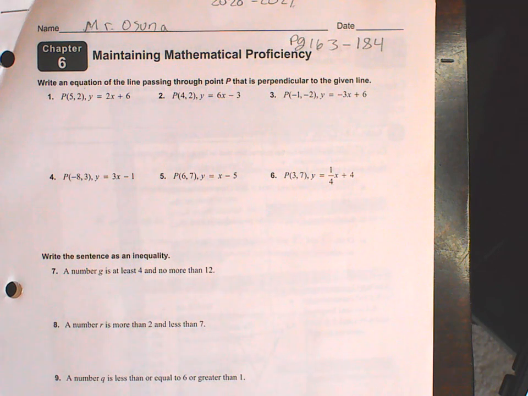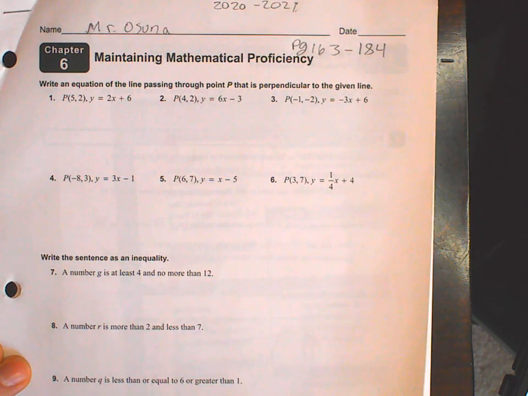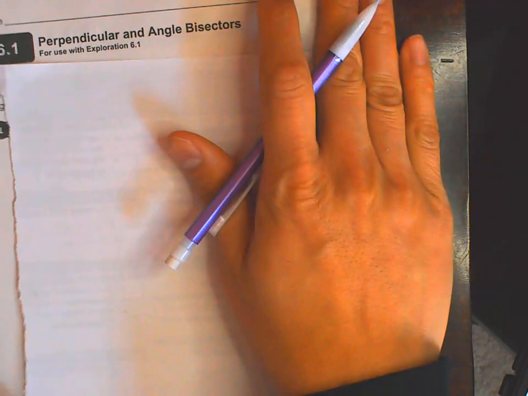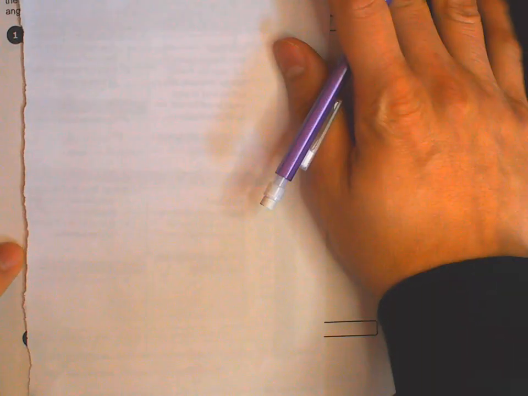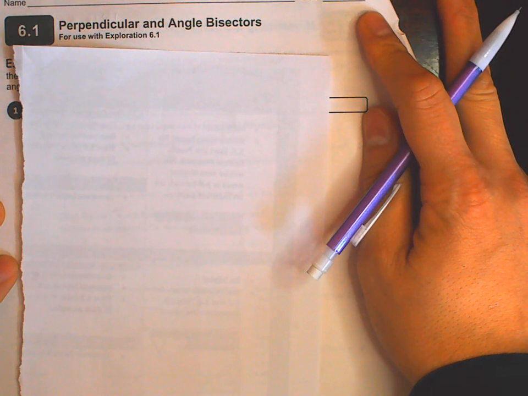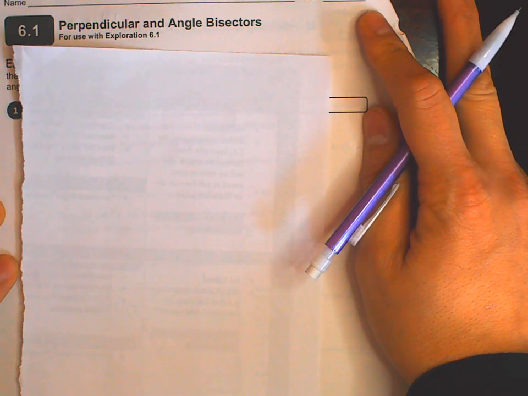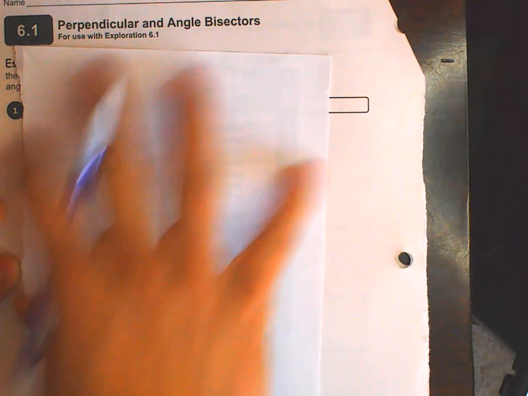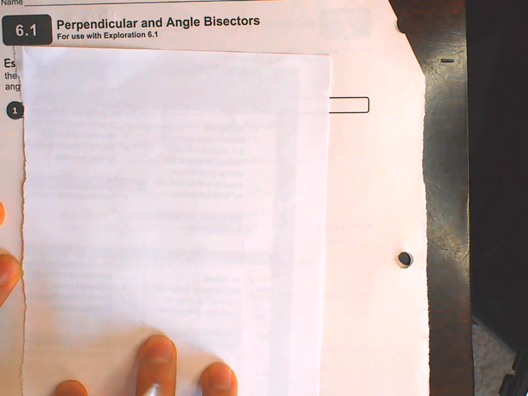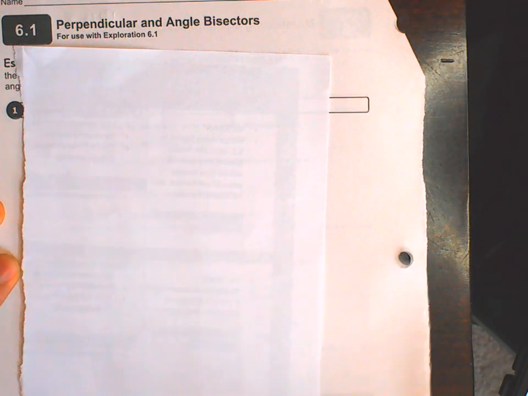Now, our first lesson is lesson 6.1, and it starts on page 164. So let's get ready. Let's set up our lesson before we begin. On page 164, please place a blank half sheet of paper right across page 164 like this.